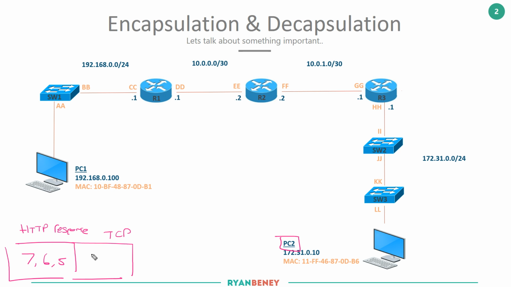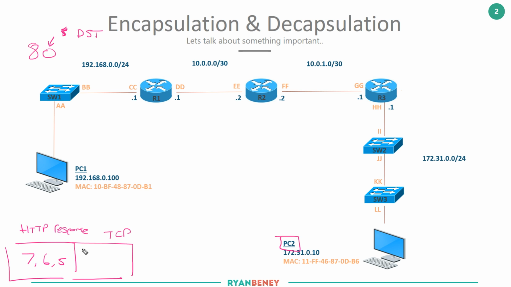But what's very interesting here in TCP is previously we only gave it a single port number of port 80. Well, that was the destination port number. We didn't really specify the source port number of PC1. But if you remember from a previous video, the source port number will be something called an ephemeral port, which is a random port number generated within a particular range depending on the application.